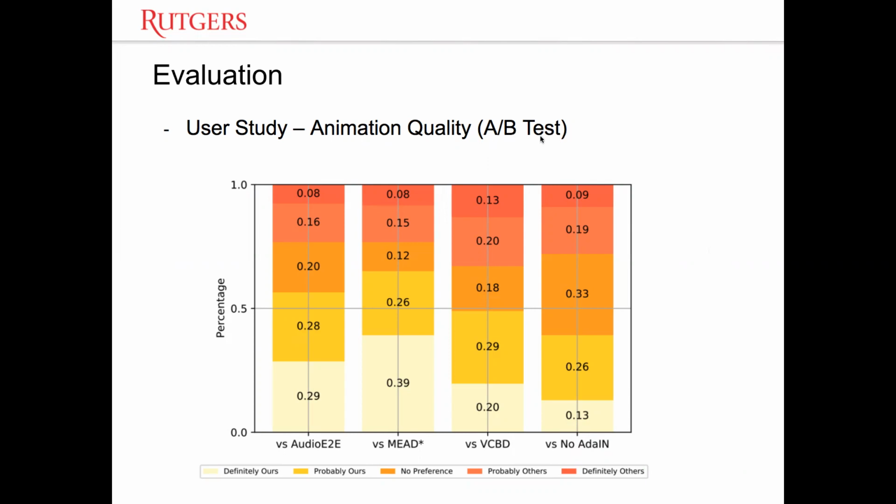You choose A or you choose B. It turns out that ours beats all the others in terms of animation quality. And we also compare our work with a model that is without adaptive instance normalization, and ours is slightly better than this ablation.